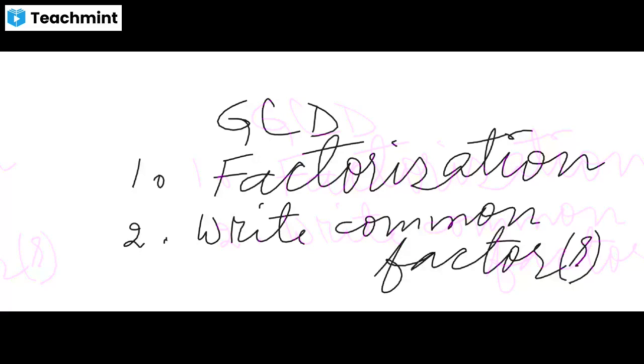There can be even three or four or many more factors. So GCD is all those factors which are common. And there are even examples where we don't find any common factor. In that case, the GCD is 1. Is this okay?